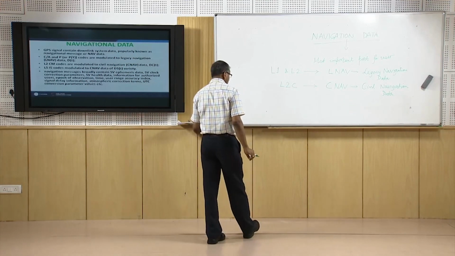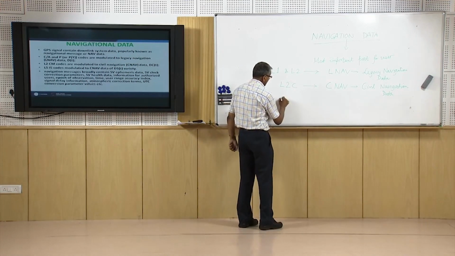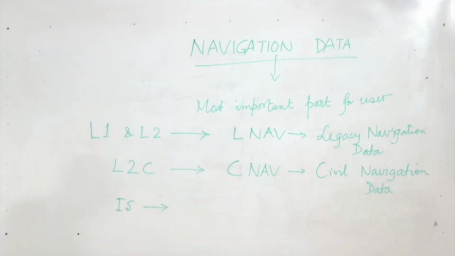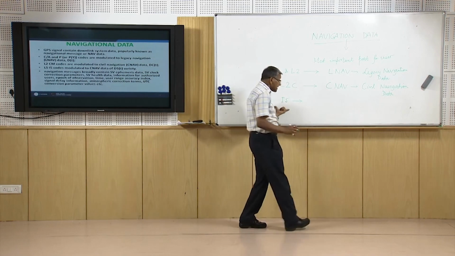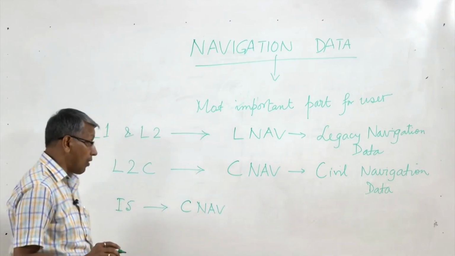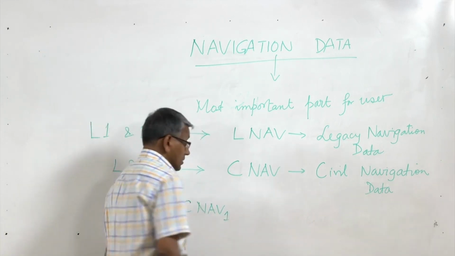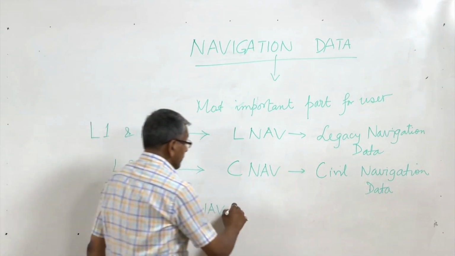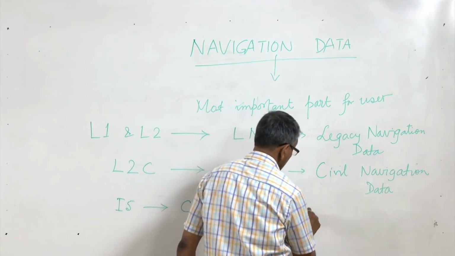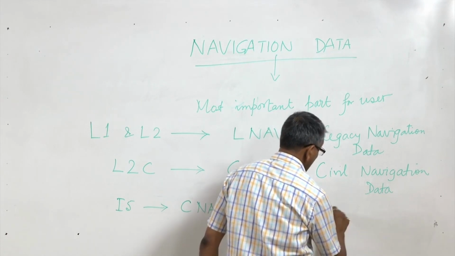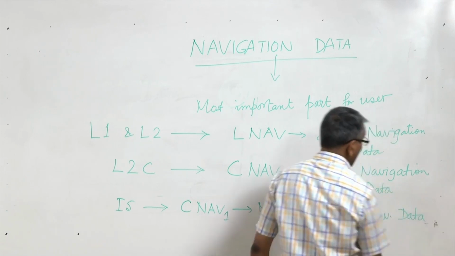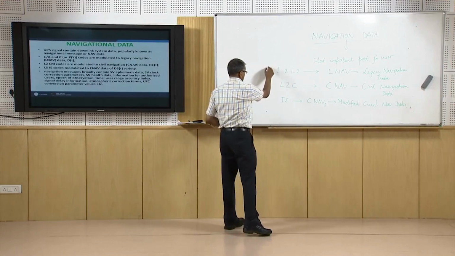Now, in case of I5, because Q5 does not have any navigation data, I5 also has civil navigational data, but of a different variety, modified civil navigation data.